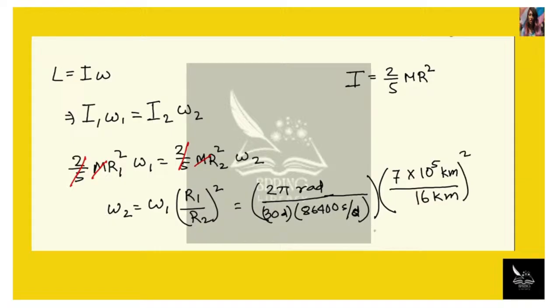Then we take the square, so that gives us finally 4.6 times 10 to the power 3 radians per second.